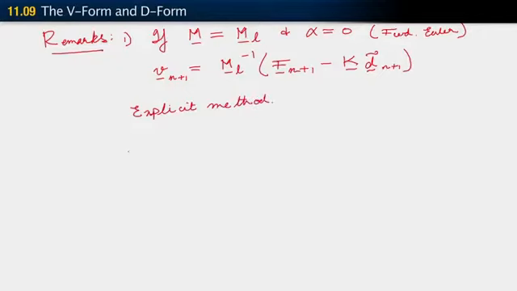In contrast, if alpha is not equal to 0, then in that case, even if our mass is lumped, we still have equations to solve. So this is now an implicit method.